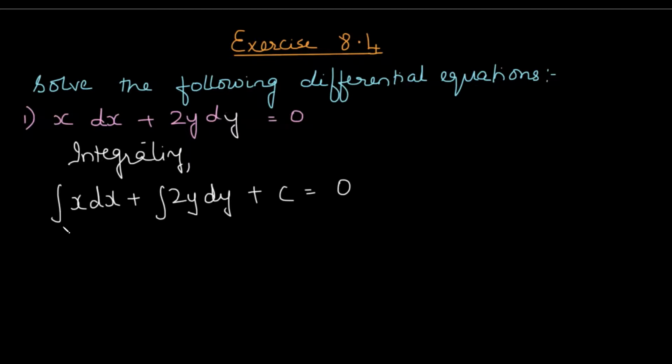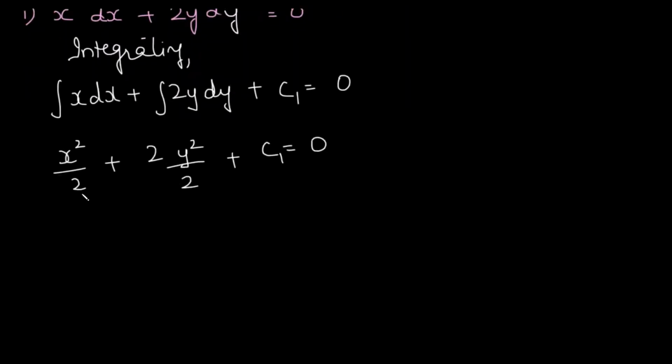Now you know that the integral of x is x square upon 2, plus 2 is a constant, the integral of y is y square upon 2, plus c is equal to 0. Now just for representation purposes, let us put this c as c1. You will understand why I am telling you this. This is as good as solving the differential equation. But now the answer which is given in the textbook may be slightly different from this.